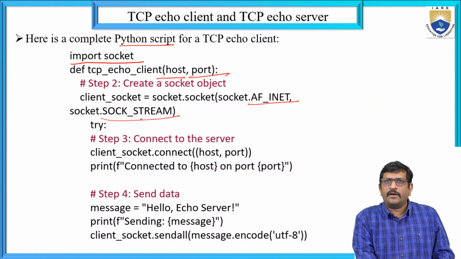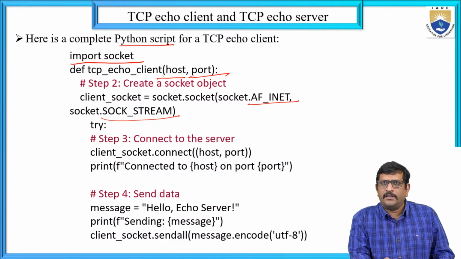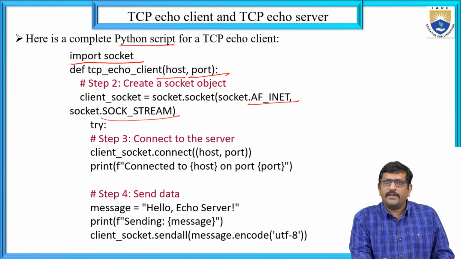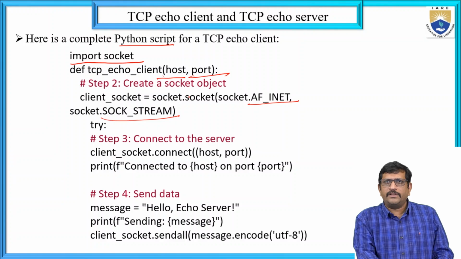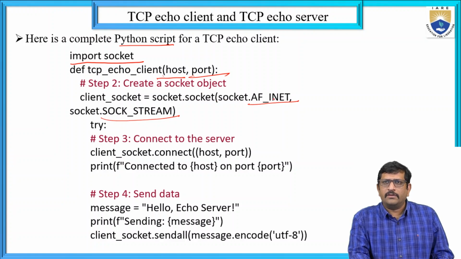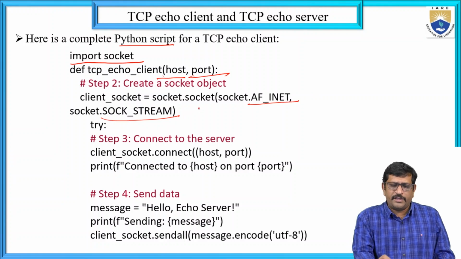These two are the common ones. Once the socket object is created, it will be used for receiving or sending messages over the internet. So the code is client_socket equals socket.socket(socket.AF_INET, socket.SOCK_STREAM), which is what carries the messages.